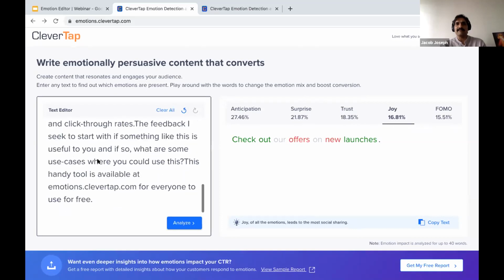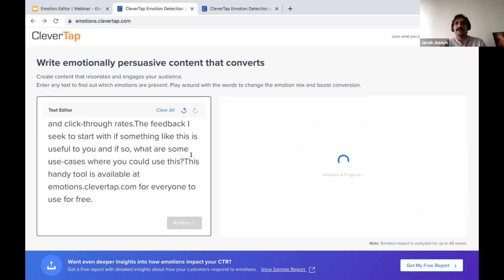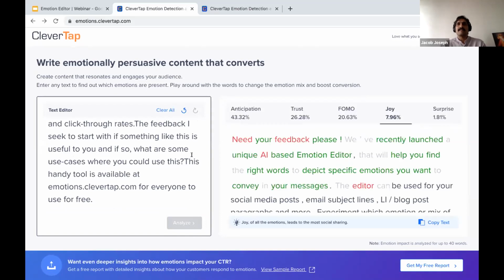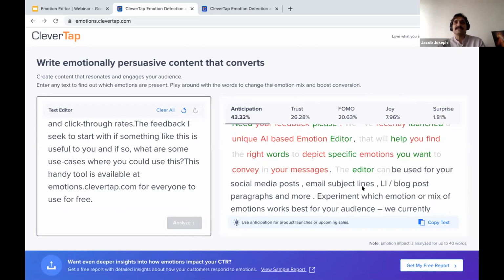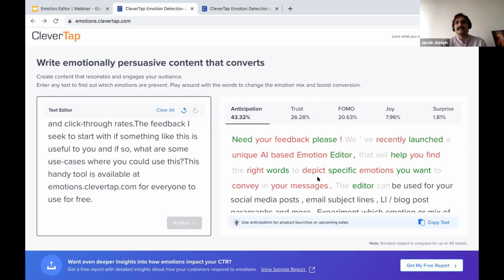So it is a long form text. Let's see what it gives out. It gives about 43% anticipation for this text. If you see over here, there are some things which are not highlighted. Though the emotion is calculated for the entire text, the impact is calculated only up to the first 40 words.